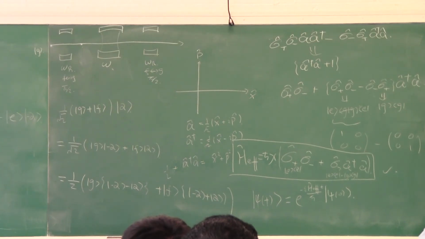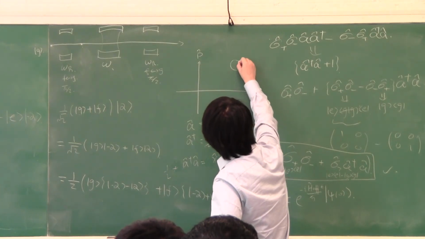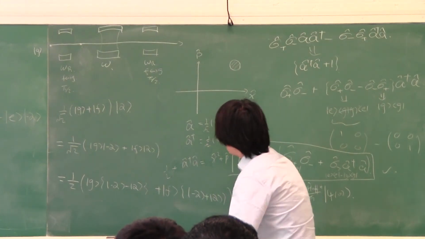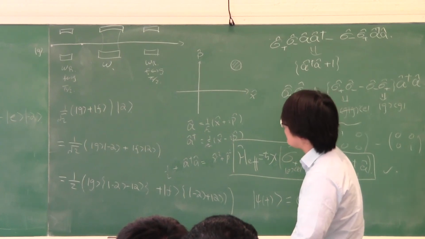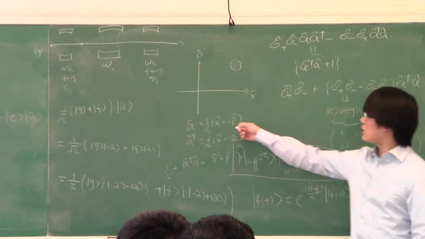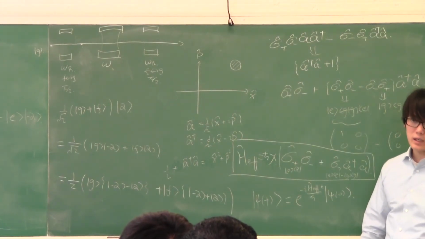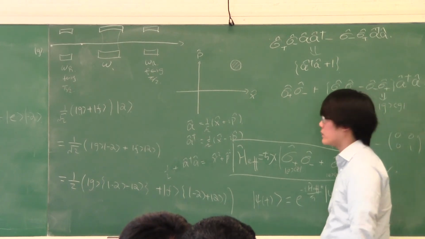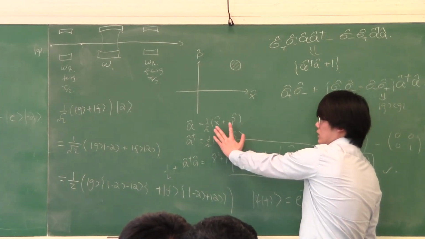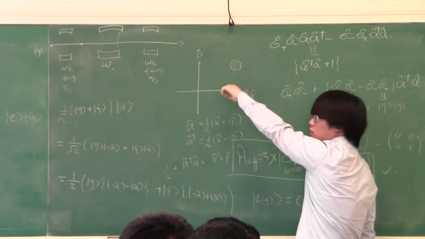I can draw the coherent state, and it's going to span a circle located somewhere. Because what we know is that the coherent state, this alpha, is an eigenvalue of the annihilation operator, and that eigenvalue is, in general, complex. So if I expand that complex number into its real and imaginary parts, I can write it over here.